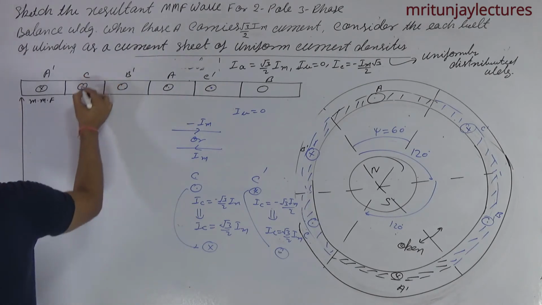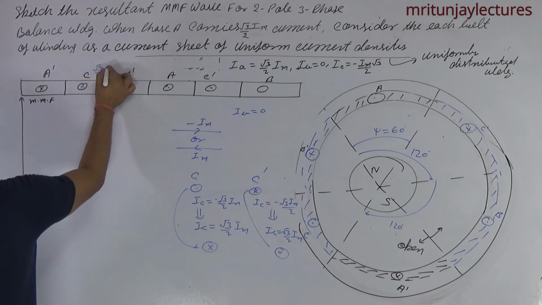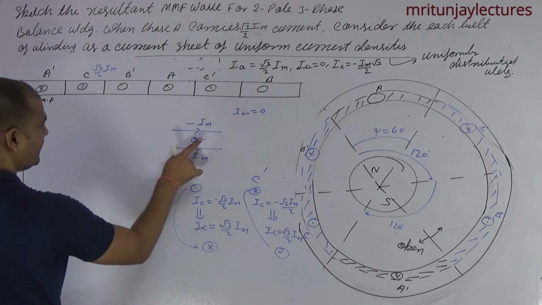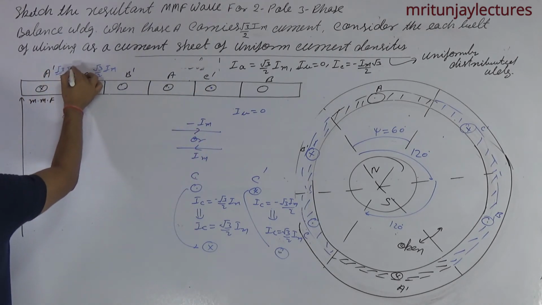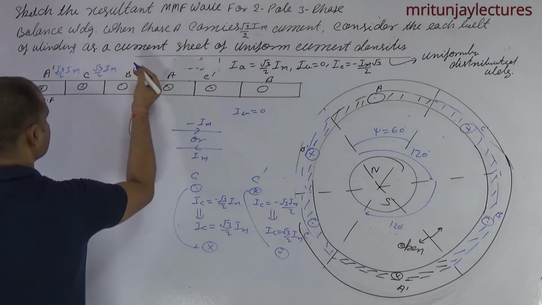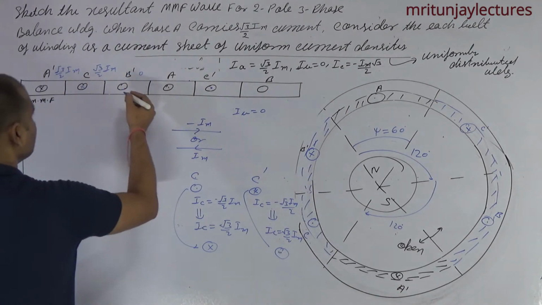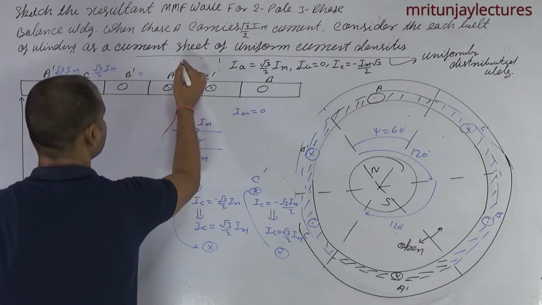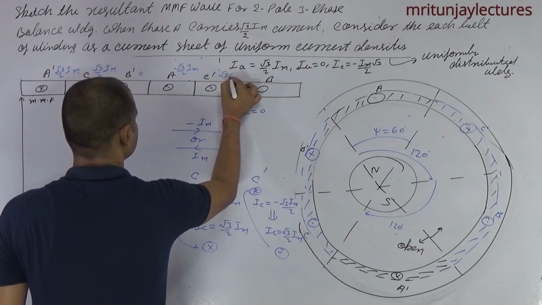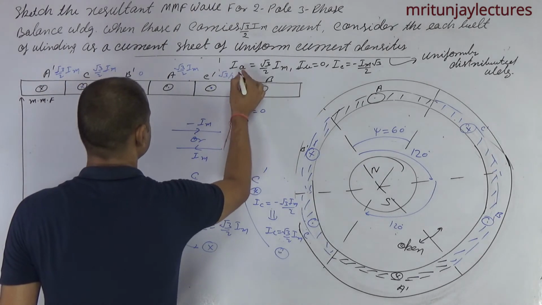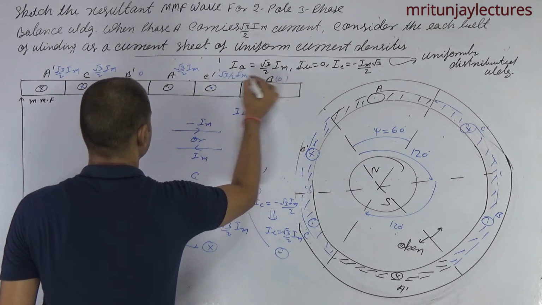Ic is root 3 by 2 Im. Ia is root 3 by 2 Im. Ib is 0. This is also root 3 by 2 Im, this is also root 3 by 2 Im, and that is 0.